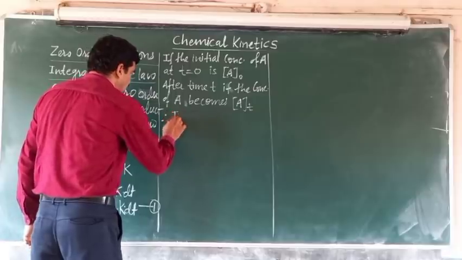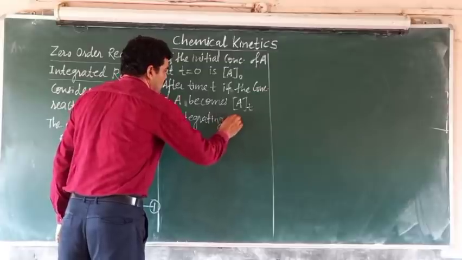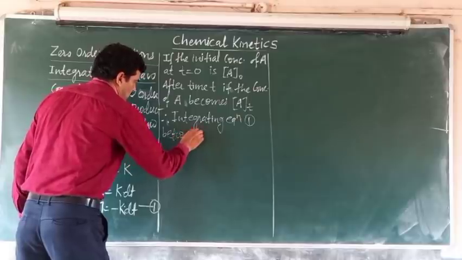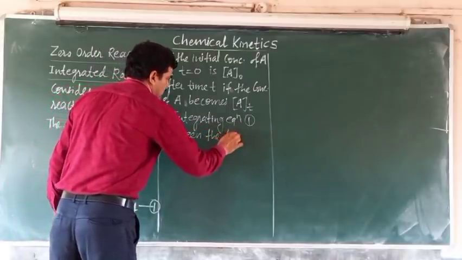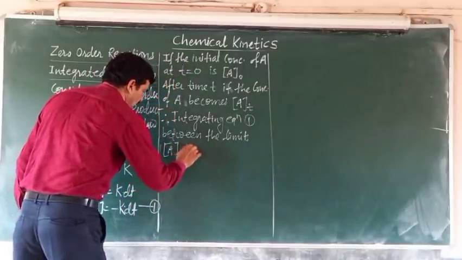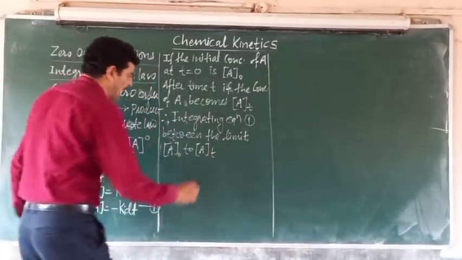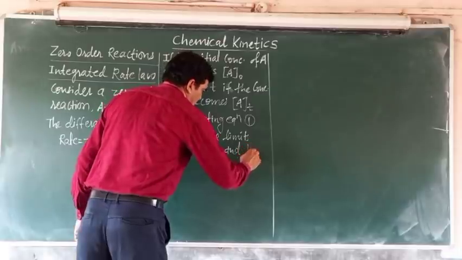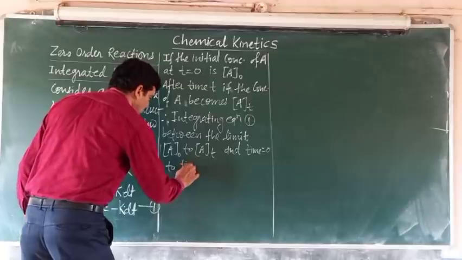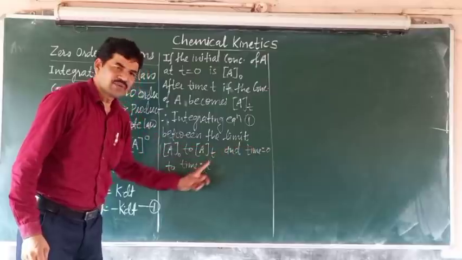Therefore, integrating equation 1 between the limits A0 to At, these are the limits of concentration, and time equal to 0 to time equal to t. 0 to t are the limits of time.